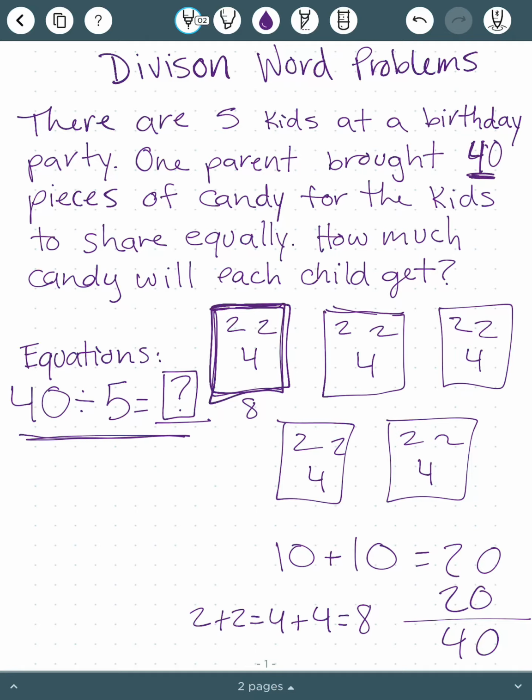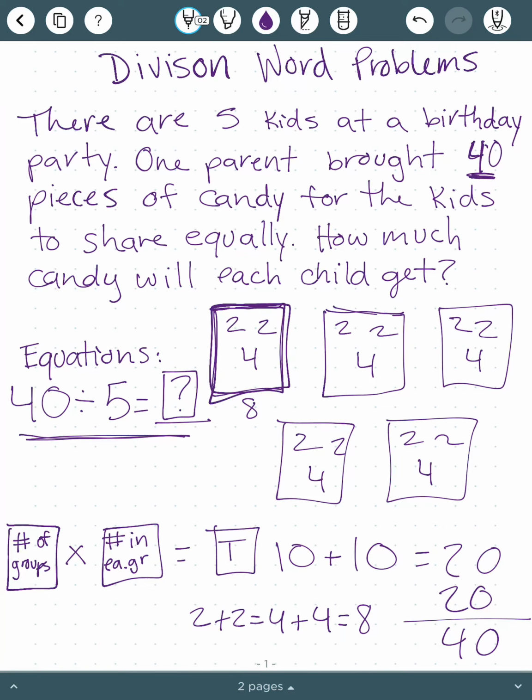And we also are starting to teach them that there's also a multiplication equation that we could pull from this word problem. We have been really emphasizing that in multiplication we use the number of groups multiplied by the number in each group equals the total.